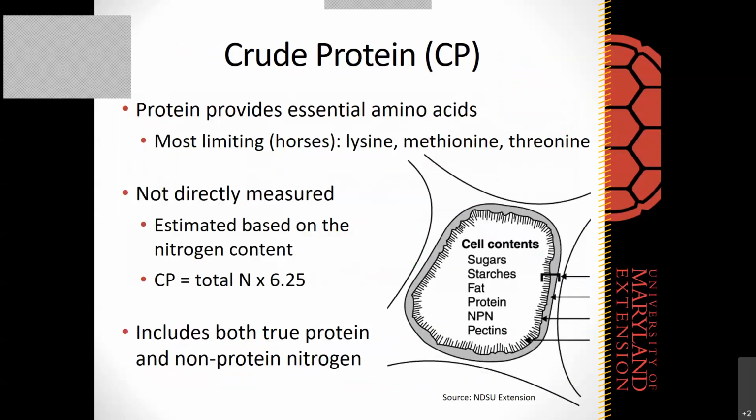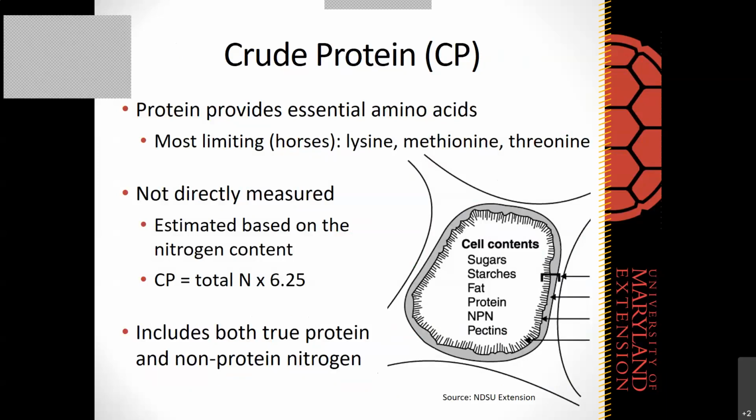So switching from those two structural components to more of the interior of the plant cell, one of the first ones people like to look at is the crude protein. So we know that protein provides some of the essential amino acids. For different species, there are different ones that are more limiting than others.